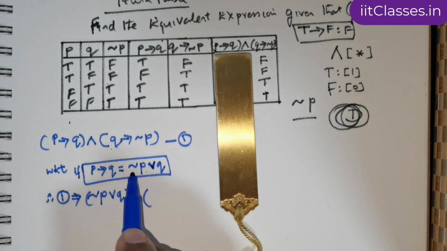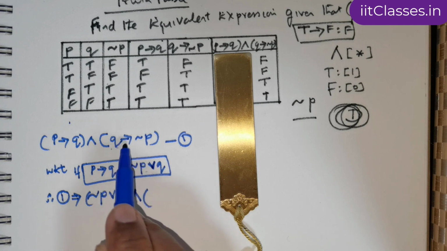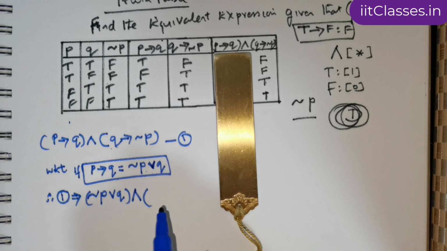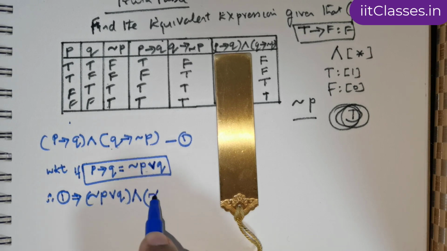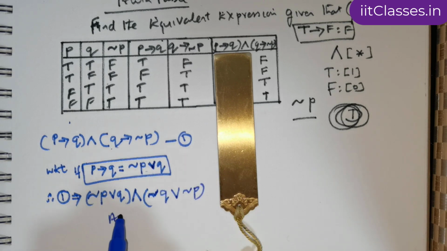P conditional Q is equal to negation of P disjunction Q to this Q conditional negation of P. So if I were to apply, then I will get negation of Q disjunction negation of P. Now A union B is same as B union A.